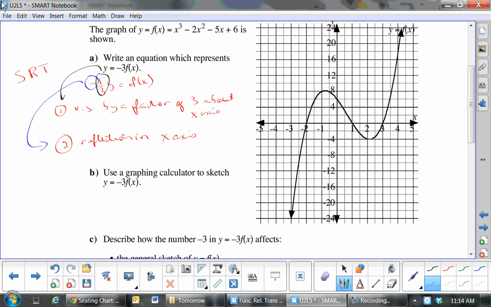Now obviously you know what's coming, where you're going to have to be doing stretches, reflections, and translations all at the same time. But you did that last year, so you should be okay. And I don't think you guys are first, second year, but grade 11 got way harder, because before 30-1, that was the first time you ever saw any of this stuff. Now it's all review.